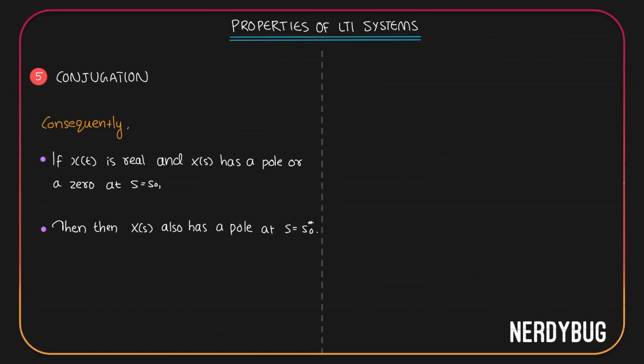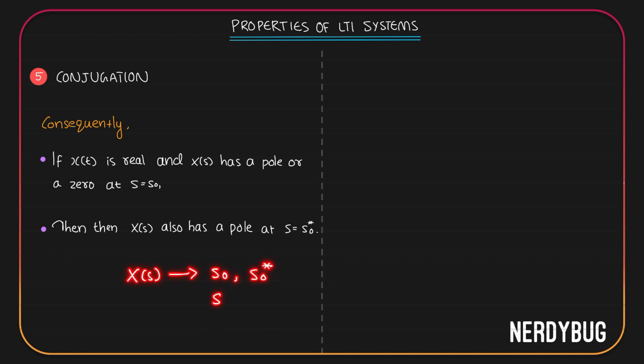There is a consequence of this property. If x of t is real and its Laplace transform x of s has some pole or a zero at some s equal to s naught, then x of s will also have a pole or zero at s equal to s naught conjugate. In simple words, if x of s is the Laplace transform of a real function x of t and it has a pole at s naught, it also has another pole at s naught conjugate.